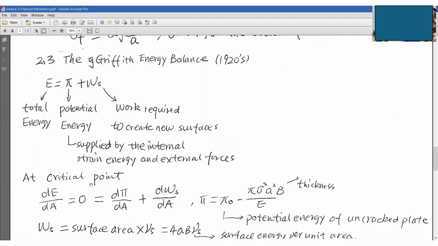At the critical point, meaning the crack initiates or propagates, we take the derivative of E with respect to the crack surface A and let it equal 0. So we have d pi dA plus dWs dA equals 0.